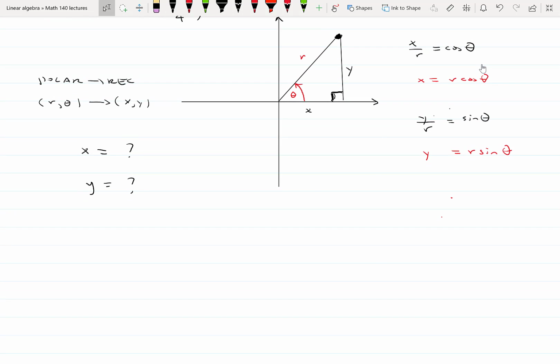So if I'm looking specifically at the point (2, pi over 4), where my r is 2 and my theta is pi over 4, that means x equals r cosine pi over 4, and y equals r sine pi over 4.